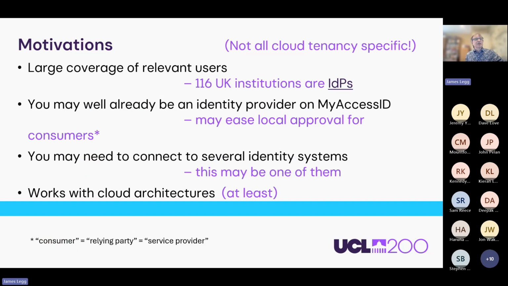Most of these reasons are not really specific to our little tenancy arrangement. There are 116 UK universities and other institutions that already have IDPs. If you click on that link when you look at the slides later, that will take you through to the current list. So if you're considering becoming a consumer, you're quite likely already an identity provider, and that may help getting local approval.